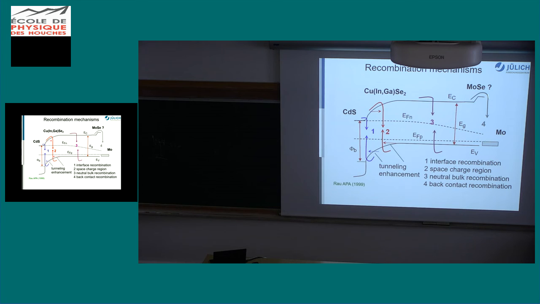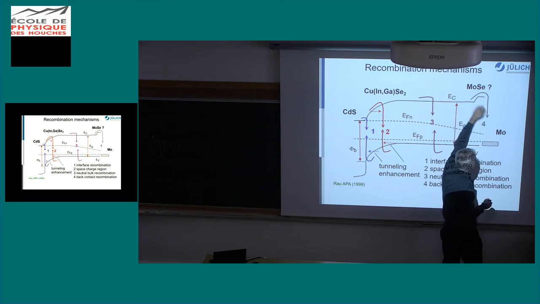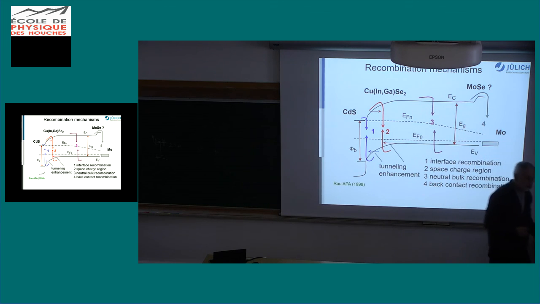Is there molybdenum selenide forming, and is it maybe as beneficial as here, that you have a small band offset that prevents the electrons from falling into the metal? That would be a loss.